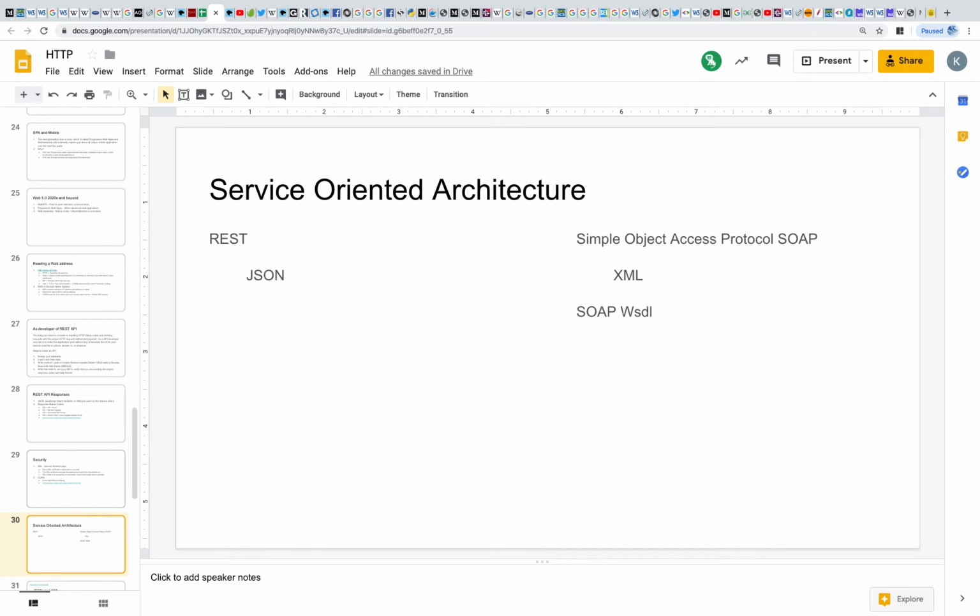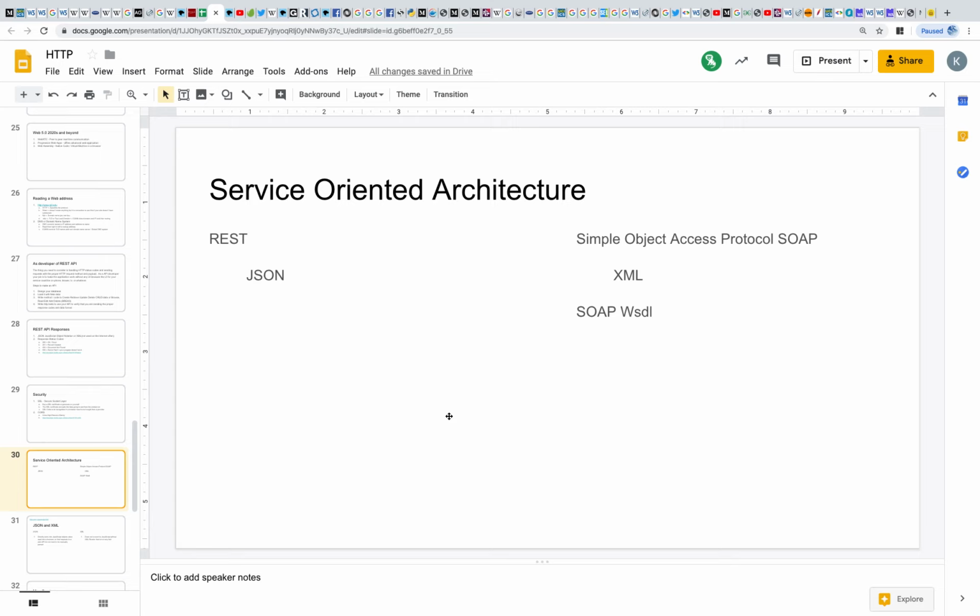Now, what we have here, we're almost done. What we have today is referred to as an SOA, service-oriented architecture. And with this service-oriented architecture, it really has two different things. One is called REST and JSON.